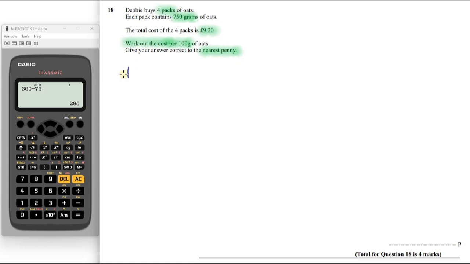So let's work out the total number of grams. It's going to be 4, because there are 4 packs, and each pack is 750. So we're just going to do 4 times 750 and we get 3,000 grams. So that's the total number of grams that she buys.